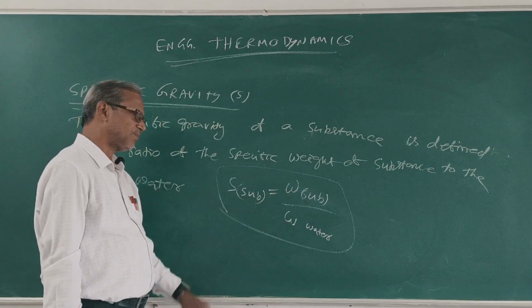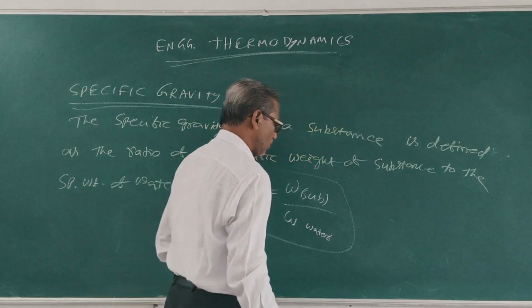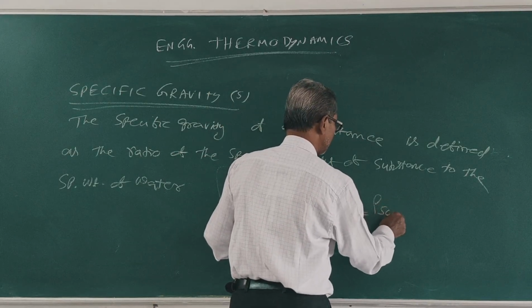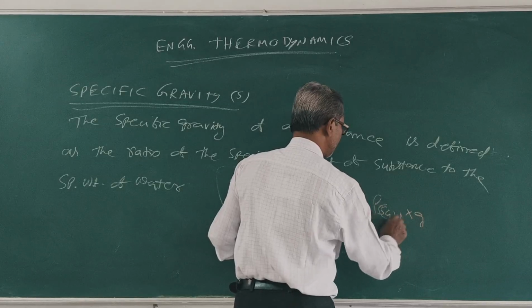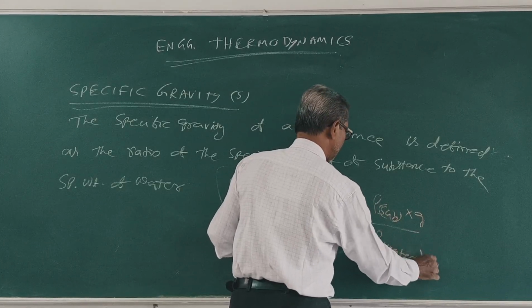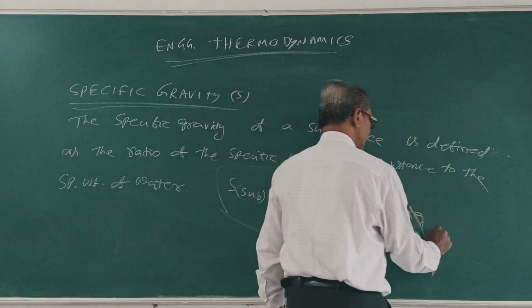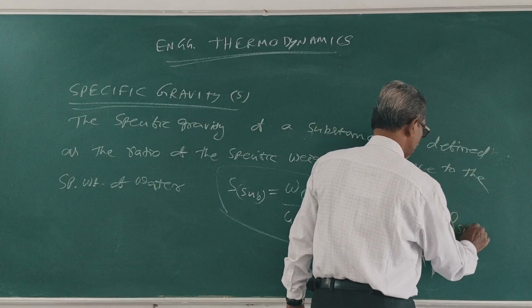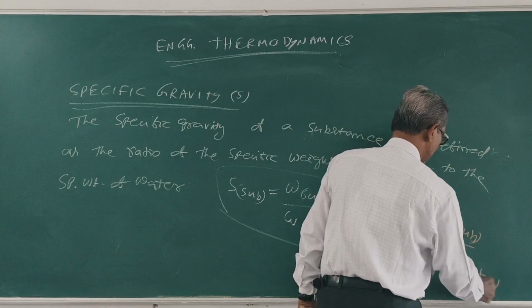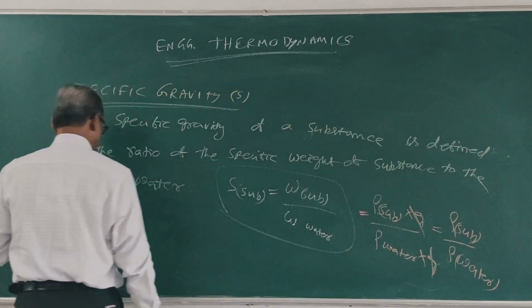Clear? What is omega? Rho into g. What is this equal to? Rho substance into g by rho water into g. Clear? g cancels. So what is this? Rho substance by rho water. Clear?